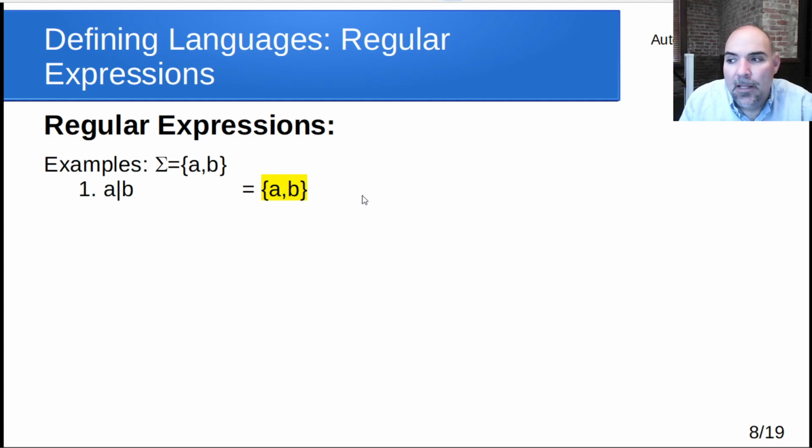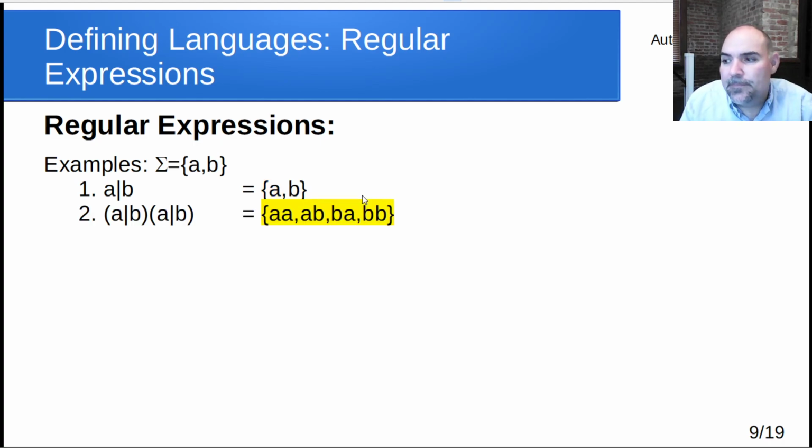Now, let's look at another example. So here's another one where I took the A or B, put parentheses around it, which doesn't change it. So this is saying the set A comma B, that language, concatenated with that same language.